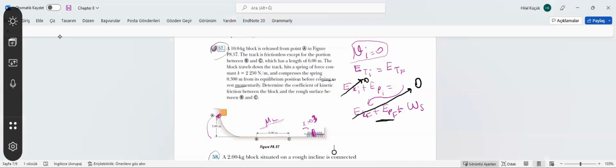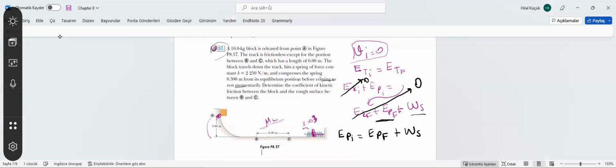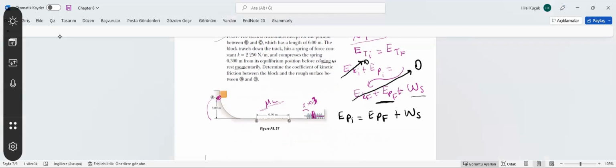Potential energy because of spring. And I lose some energy because of friction. Just you need to write like that. Potential energy at initial state. Potential energy because of spring and some work done by friction.